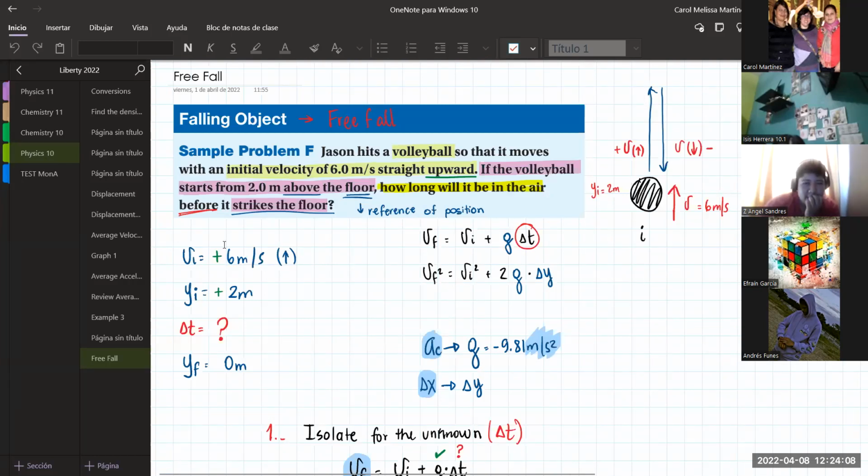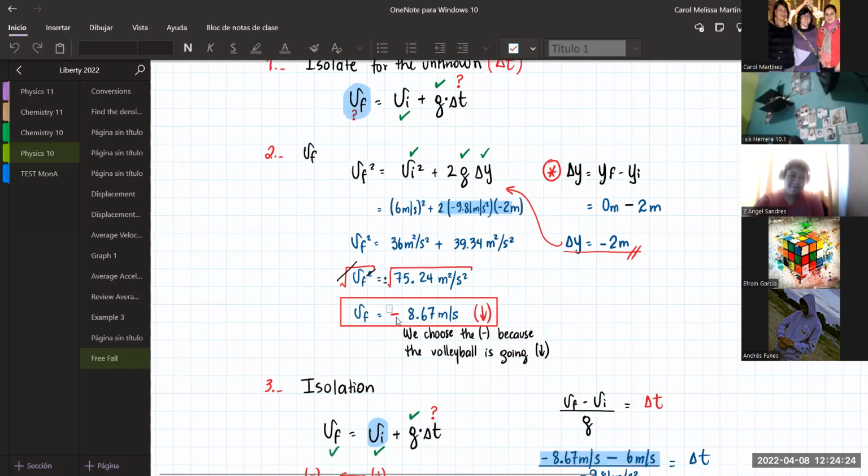So guys, even though free fall is a very simple topic, you need to be aware that a wrong symbol is going to give you a wrong answer. Imagine that in the final velocity, you put the positive value of the final velocity.